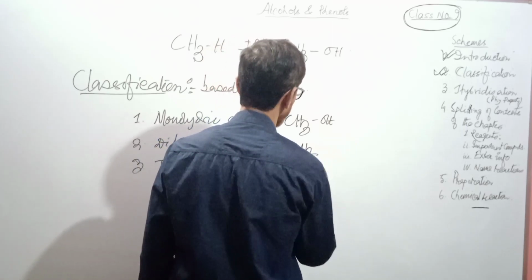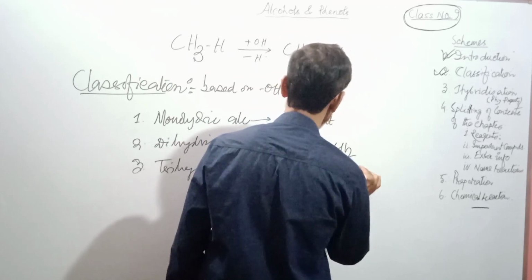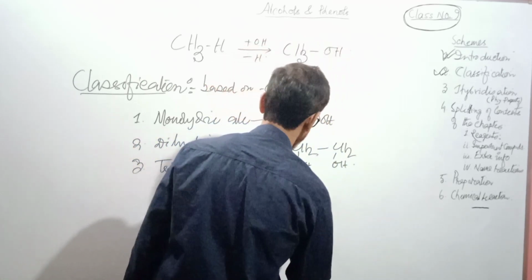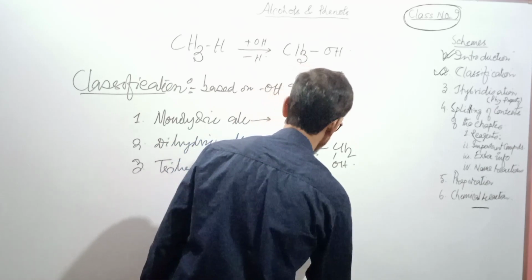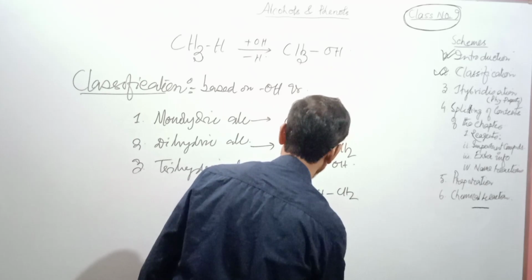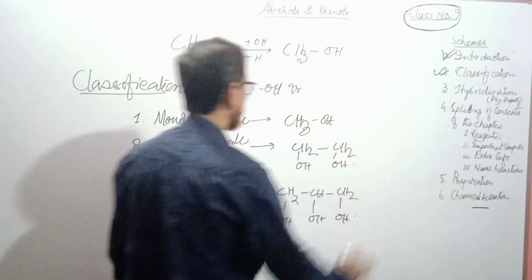If there are two OH groups, it is dihydric. If there are three OH groups, then it is trihydric. Very simple.